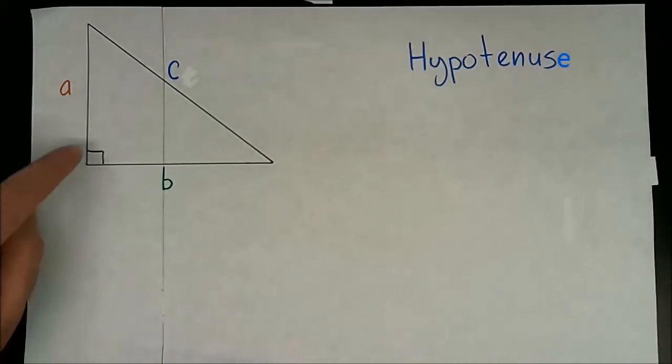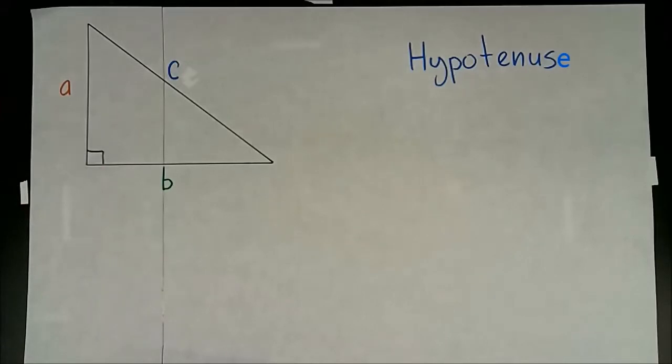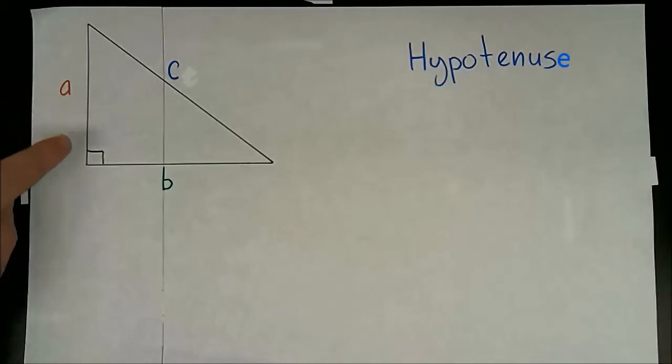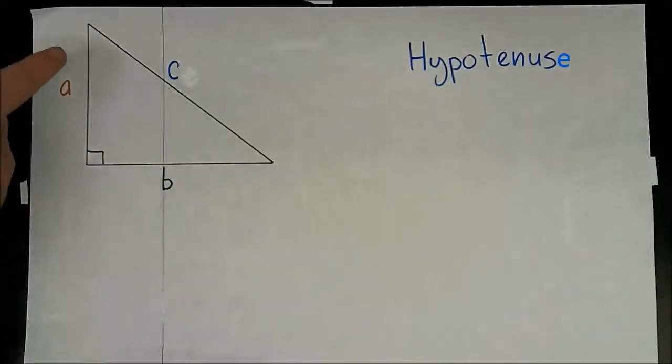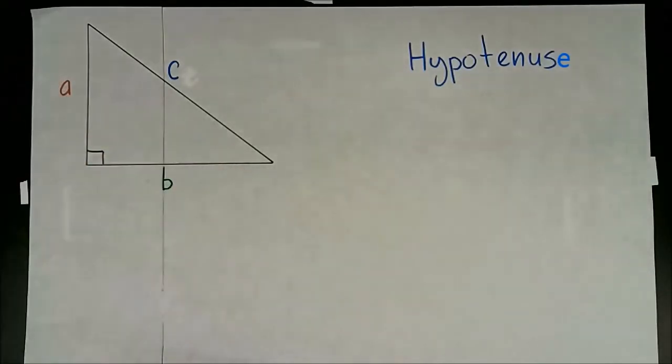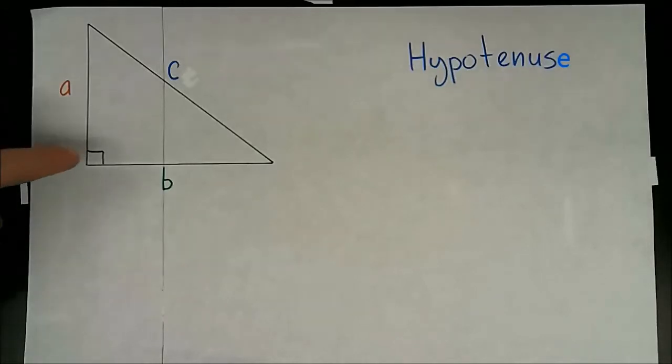That tells us that that angle is 90, and since all the angles have to add up to 180 together, 180 minus 90, the other two have to split the remaining 90 between them. They could be the same, they could be different, but their combination cannot exceed 90 degrees because 90 is already taken up by the right angle.